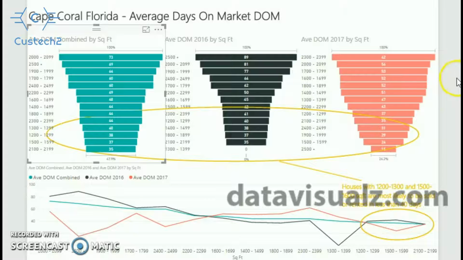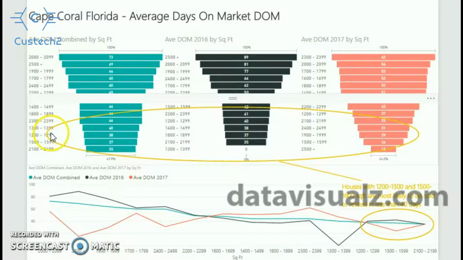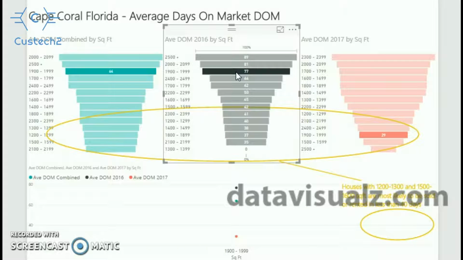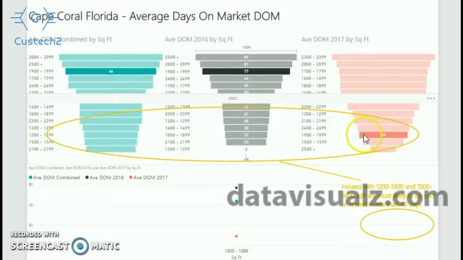So you can see here with this visual, clear heading, the data is very clear. We can easily see what's going on with the data. We can cross filter it. We can easily see for 1900 to 2000 square feet how the data is moving, and then we can predict results.